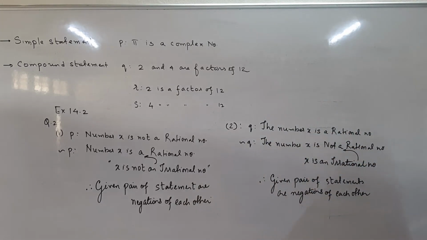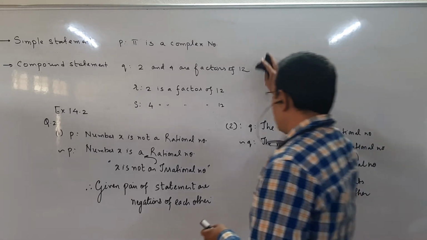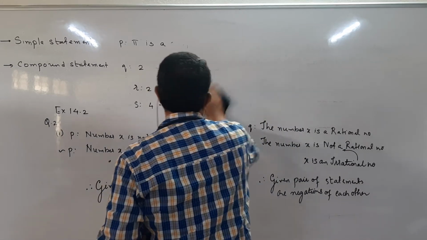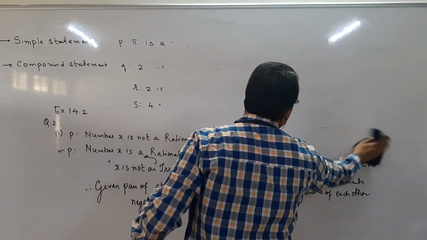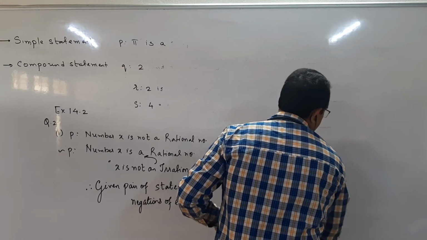Why I am writing this, students, is so that we can get a better idea. This is a very interesting chapter, with very interesting formulas. Yesterday we discussed what a statement is and what the negation of a statement is. Students, we need to revise those things again and again.